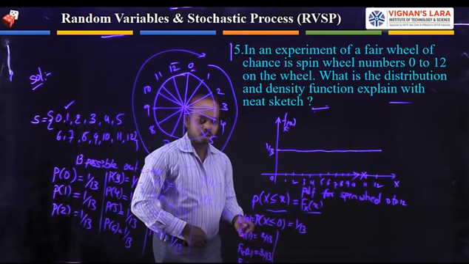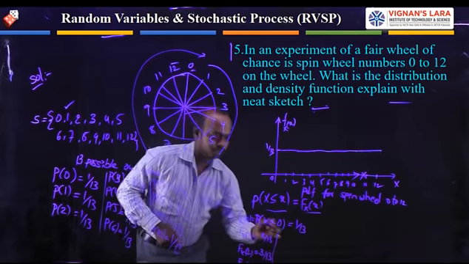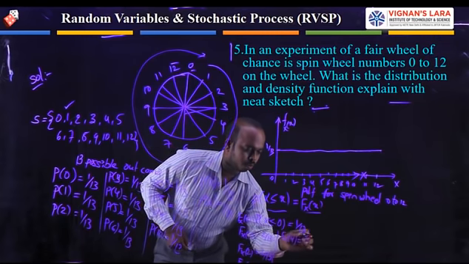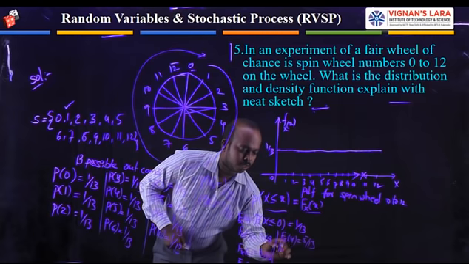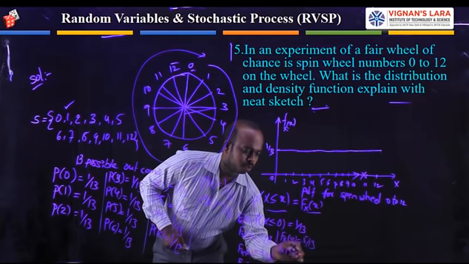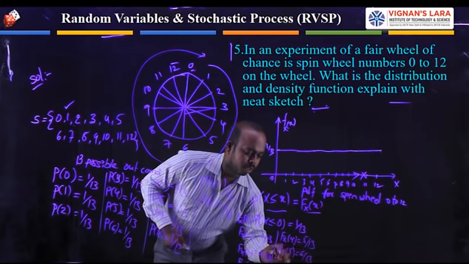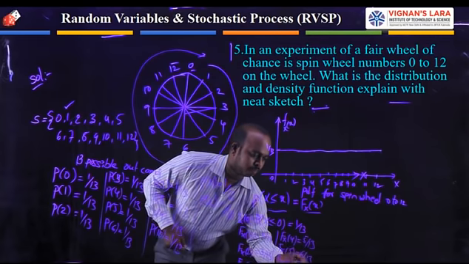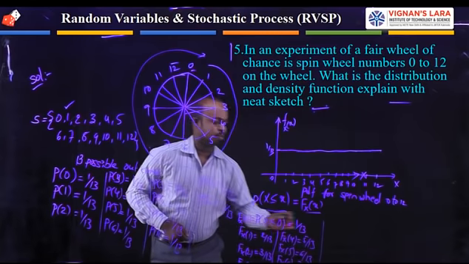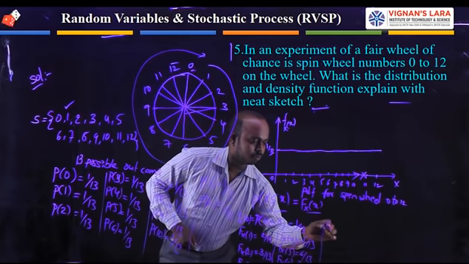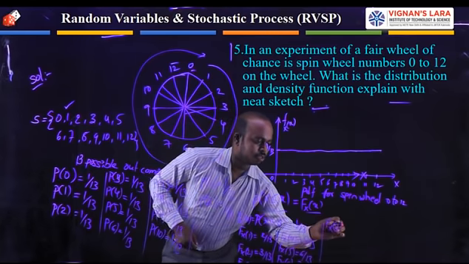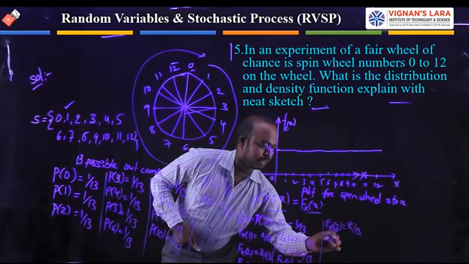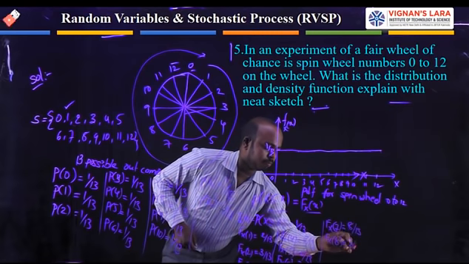Similarly, the remaining quantities we write here. Fx of 4 is equal to 5 by 13. Fx of 5 is equal to 6 by 13. Fx of 6 is equal to 7 by 13. Fx of 7 is equal to 8 by 13. Fx of 8 is equal to 9 by 13.